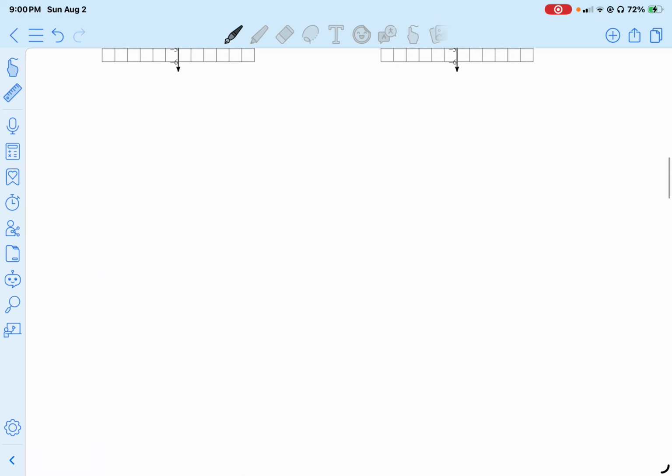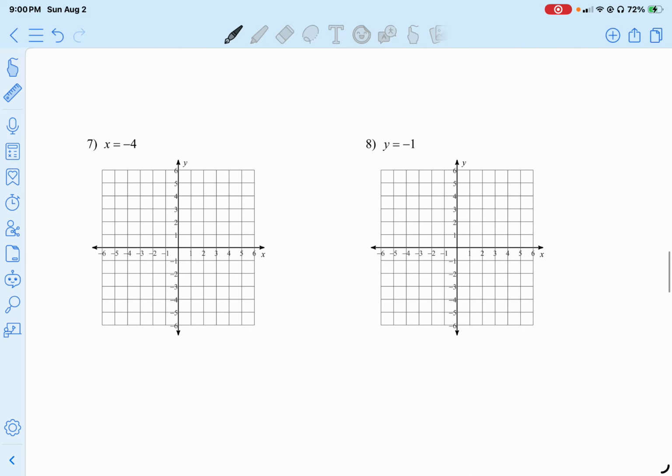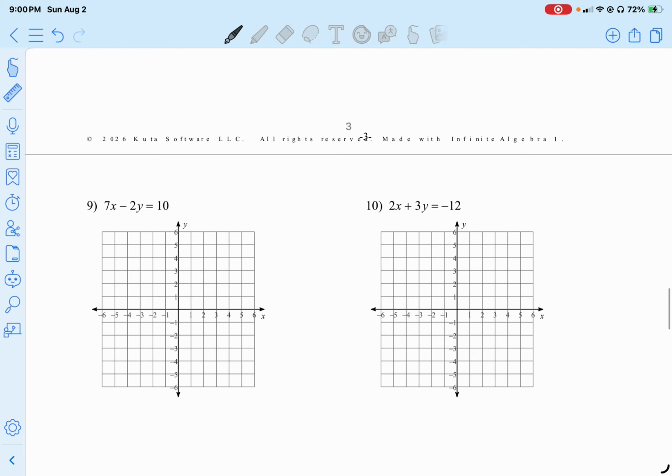And then sliding down to my next set of questions here, we're going to be able to do it again in standard form. Both of them are pretty simple and similar. Standard form is just an additional step, but they're all doing the same thing.